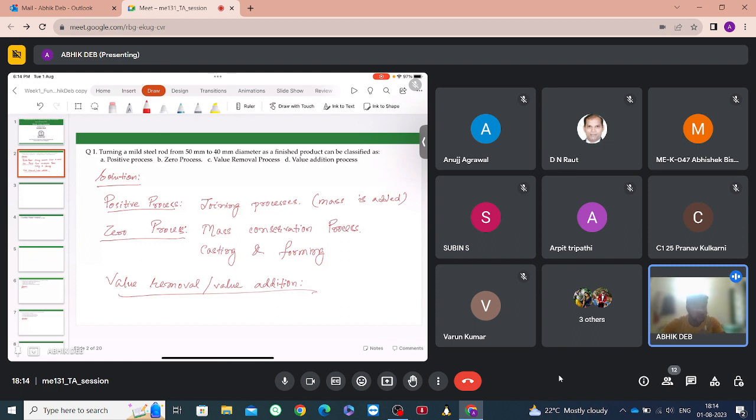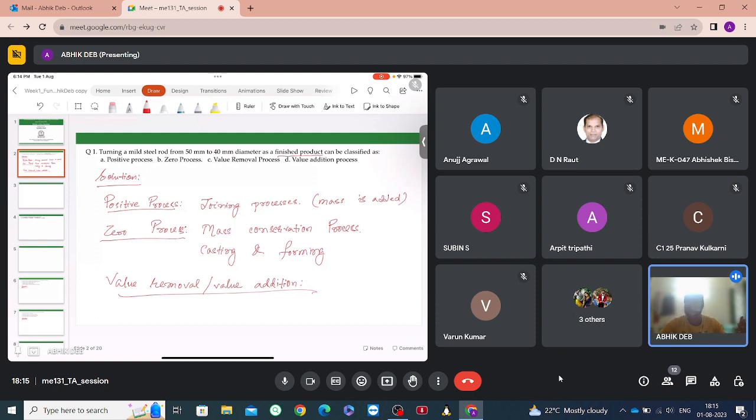So when we are turning a mild steel component from 50 to 40 millimeter diameter as essentially a finished product, it will have a higher surface finish and it will be more dimensionally accurate. So in that we are adding value so that it is more useful to the end user.